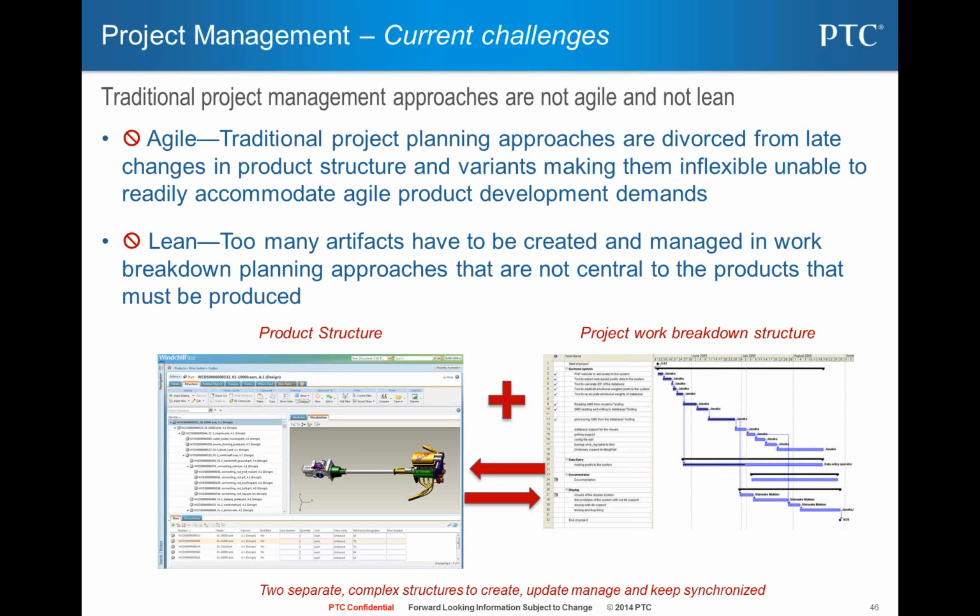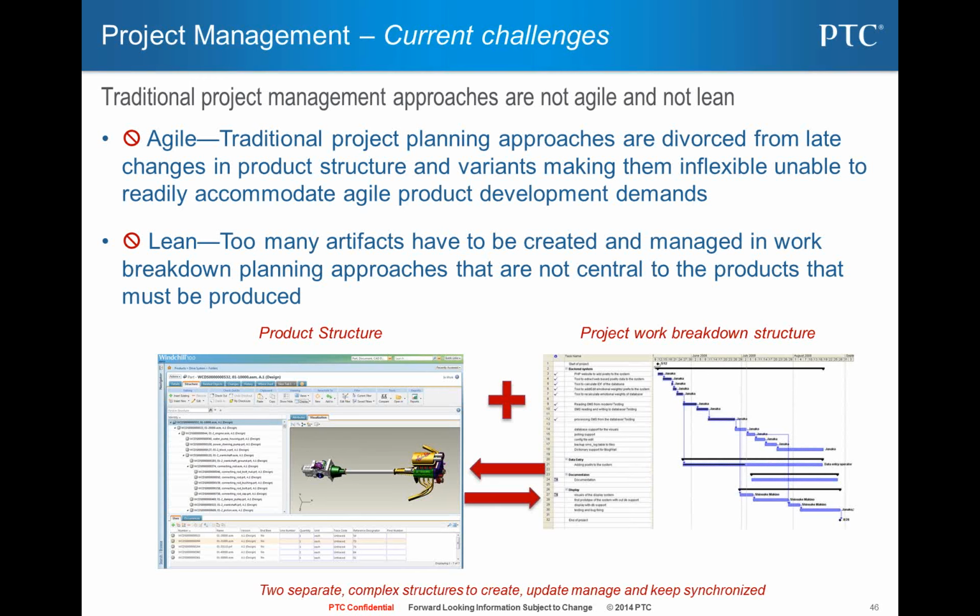And if you also have a work breakdown structure that in many respects mimics what's in the product structure, well, if there's a change in the product structure, you've got to change the work breakdown structure to reflect that. Something is added or something is removed, and now you need to add or remove activities associated with actually developing those components. So the traditional project management approach is not very agile or lean.